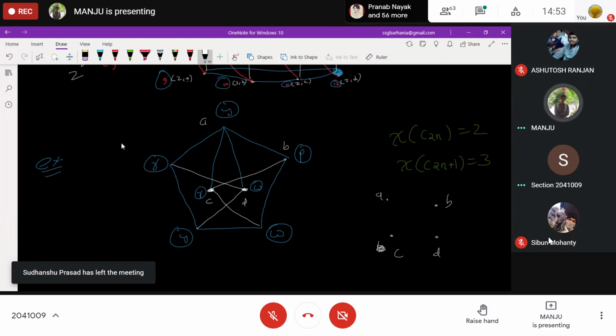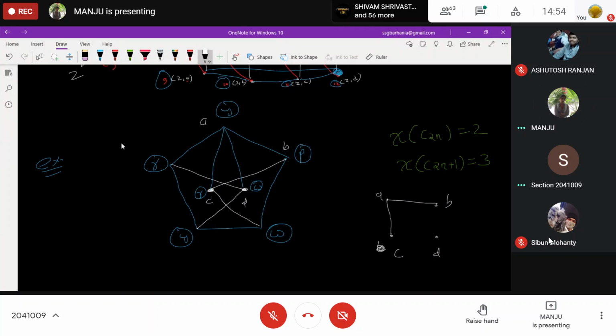We have an edge AB. AC is present or not? Yes. And CD is present or not here? CD is not present, right? So tell me, are the end vertices of every edge of distinct color or not here?